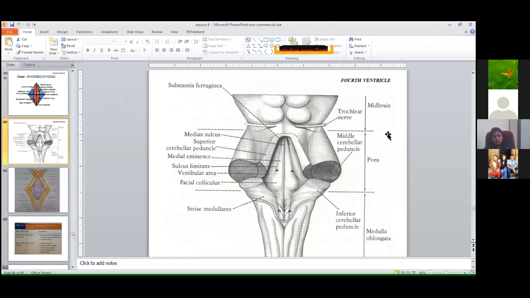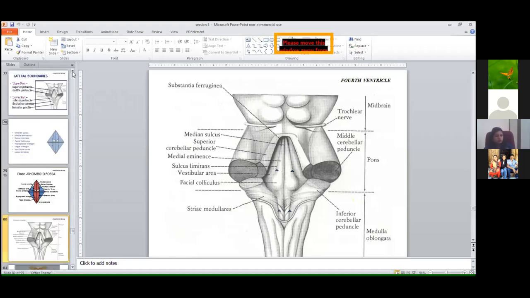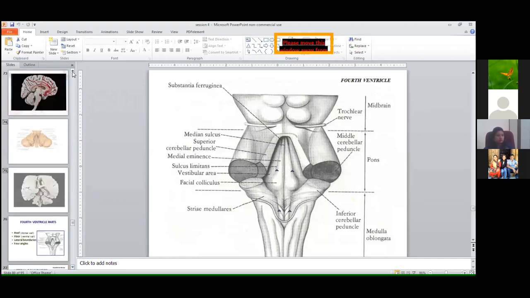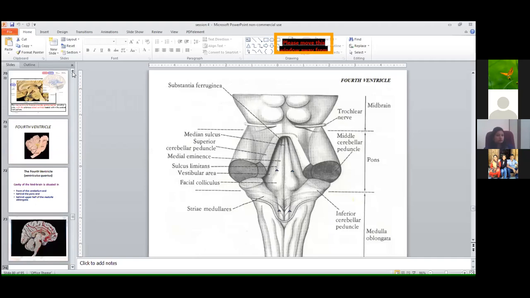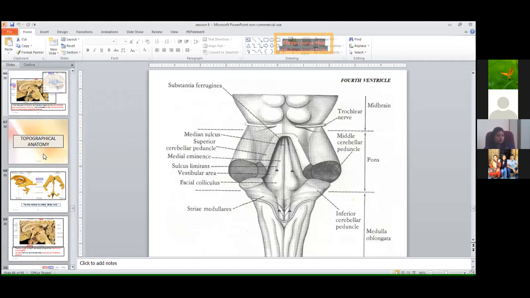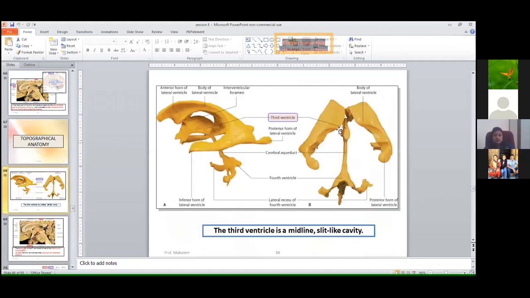Ma'am, would you repeat the third ventricle and the connection of the intralaminar nuclei? So this is the third ventricle, a slit-like cavity.